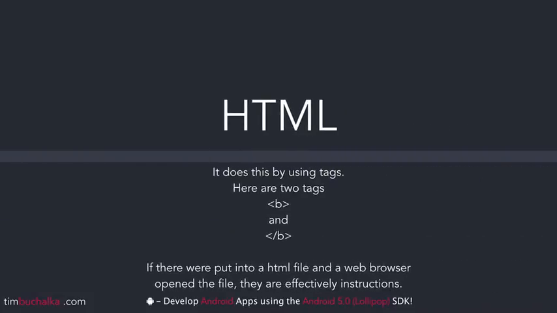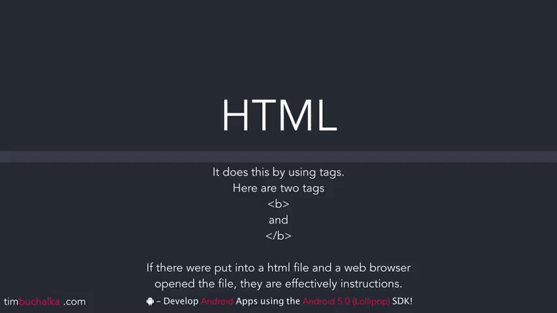Now HTML works by the use of tags. On screen you can see there are two tags. There's the less than sign, the B, then a greater than sign, and below that there's another one, which is the less than sign, a slash B and then a greater than sign. Think of a tag almost like an instruction.